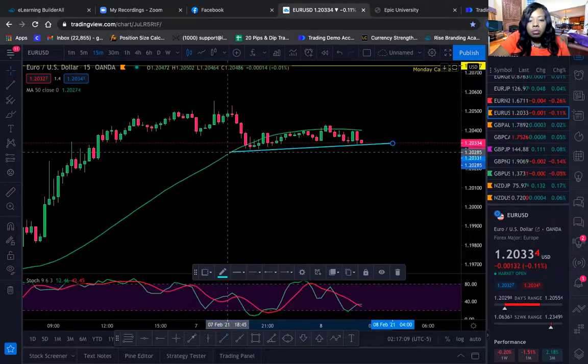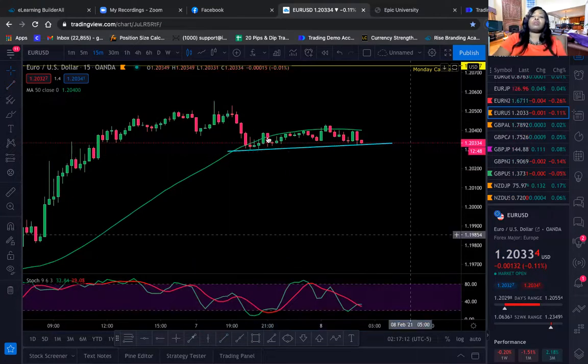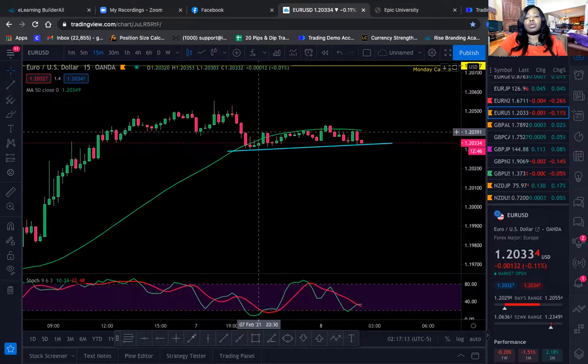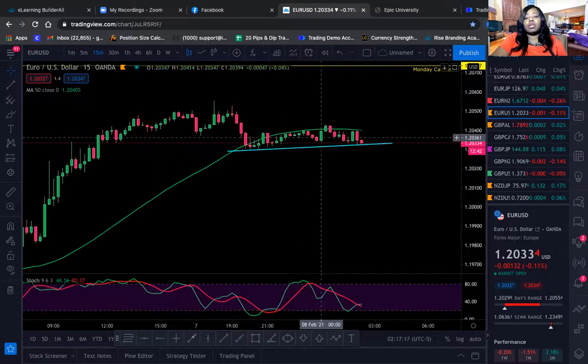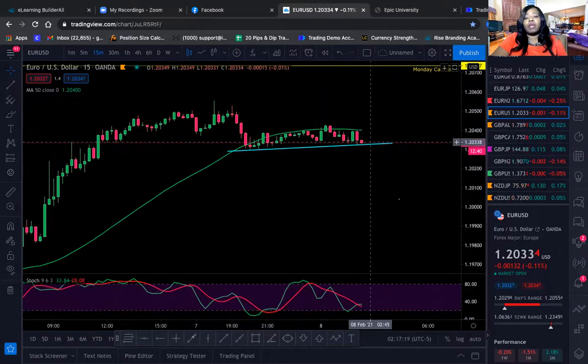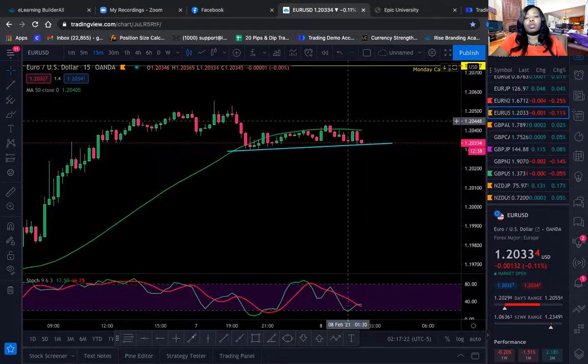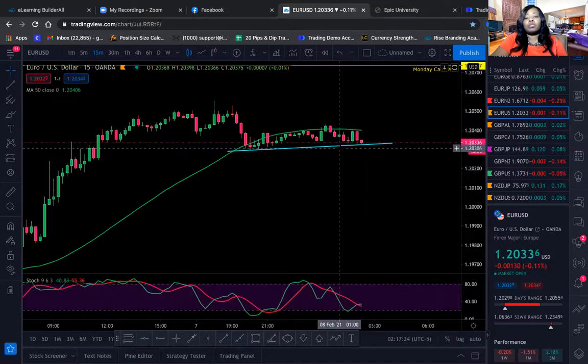Because what that can tell me is that these levels of consolidation tend to slam down when it's pointing up. And then when they're pointing downward, they tend to pop back up. Okay, so that's a confluence that I look at.